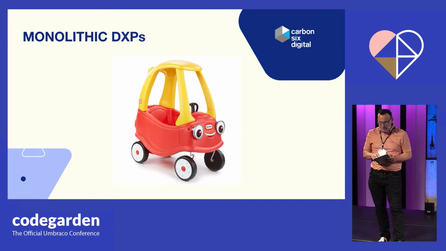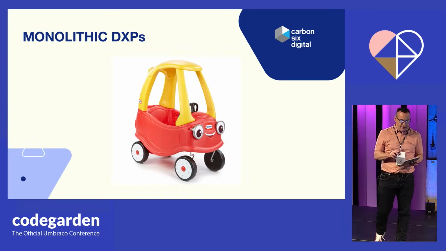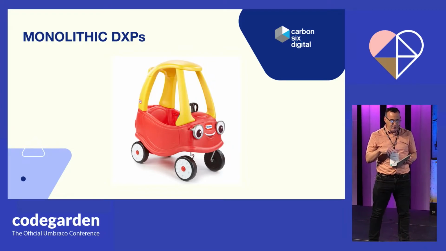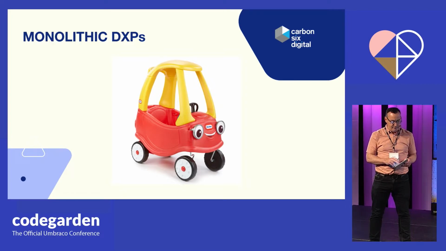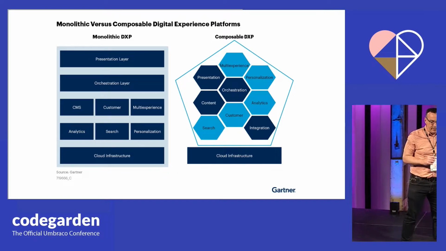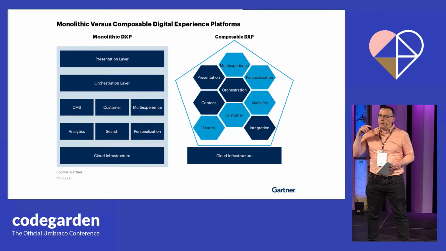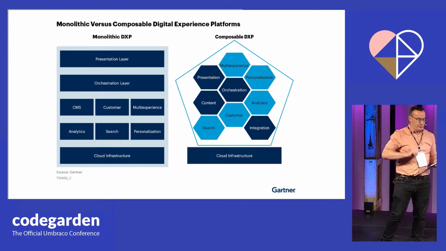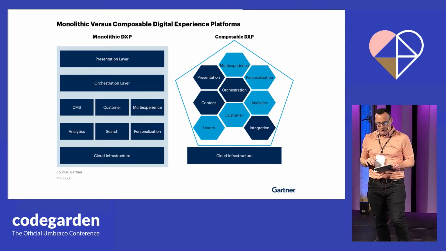But the principal disadvantage is the lack of flexibility, the price, and oftentimes the features that are bought but not needed. Let's compare that with the Composable DXP. In a composable platform, you choose the components of DXP that work for you.